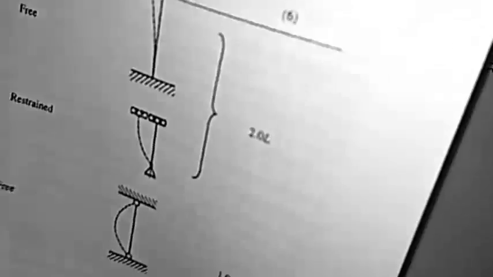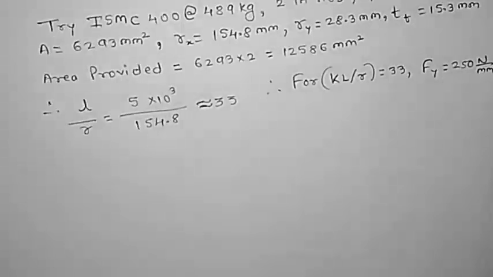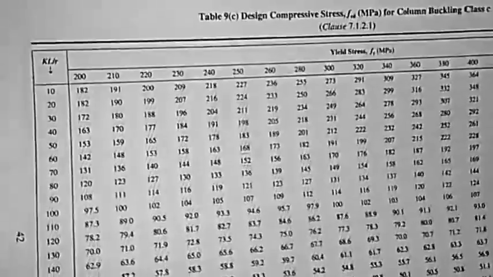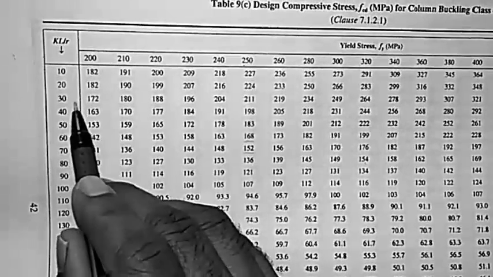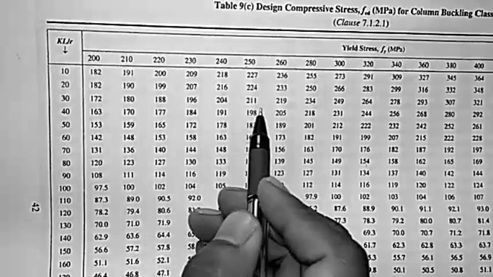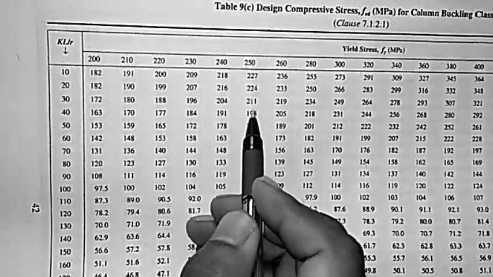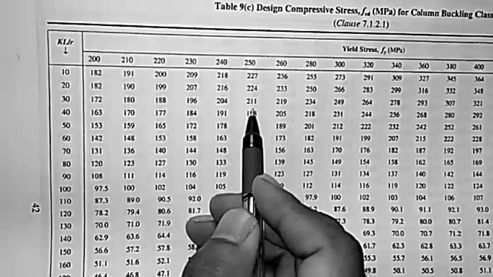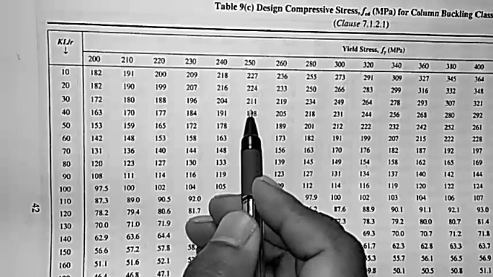So buckling class C, and that is the reason we have just checked. Now for this one, we have to check for the 30 as well as 40, and this is 250, so 211 and 198, in between this there will be our FCD value. We need to interpolate that.